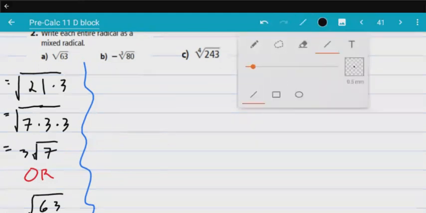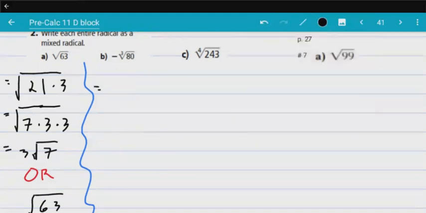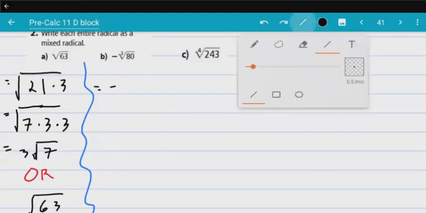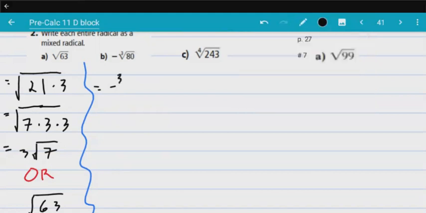I will turn negative cube root of 80 into negative cube root of 8 times 10. The multiplication property of radicals tells me I can split this up into two radicals. And this is what I have.